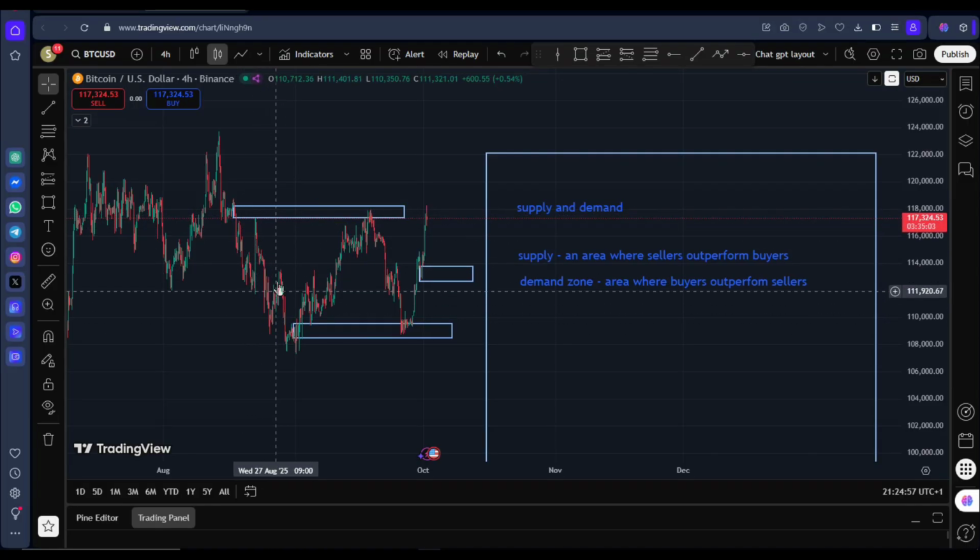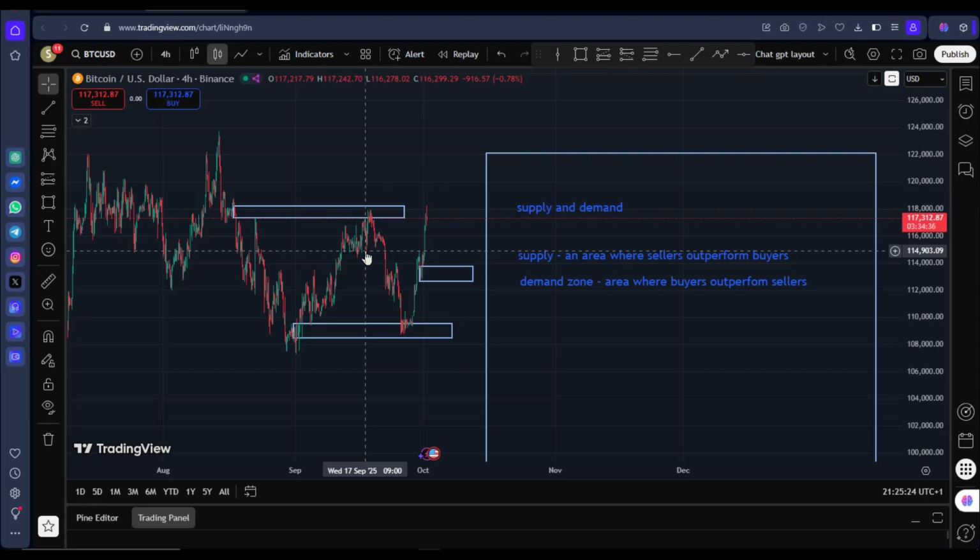This is an untested supply zone, so you can always assume that as long as there's liquidity there and that zone has not been tested before, it's likely to hold. Also try to monitor zones that line up with the overall trend, as a higher time frame trend.